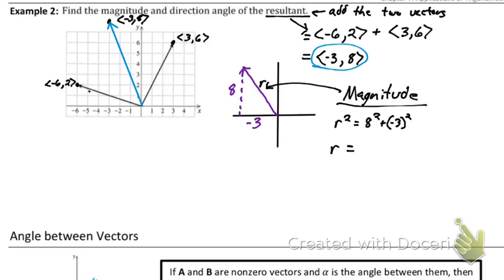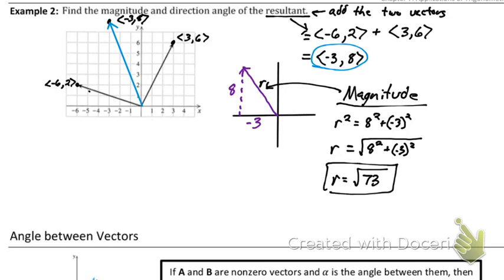Which, if you remember, the formula is just the square root of 8 squared plus negative 3 squared. And it has to be positive. Well, 8 squared is 64. 3 squared becomes a positive 9. So we're just going to have our magnitude equals the square root of 73. And I'm not going to simplify it any further than that, but that is my magnitude. All right, directional angle.